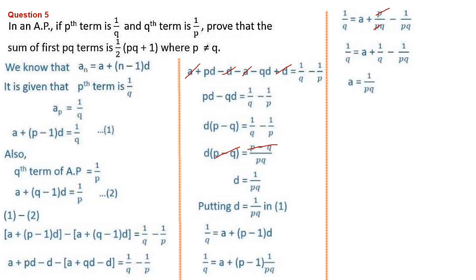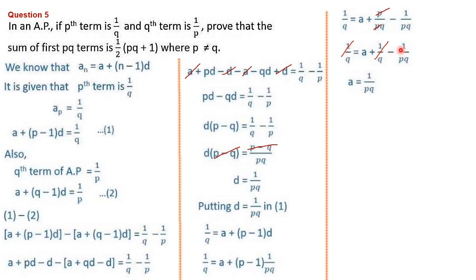Then here a we need. a is equal to, there is a common term again on the right hand side and left hand side. Wherever a common term is there, just cancel it. 1 by q is cancelled. So we will be having on the right hand side a minus 1 by pq. On the left hand side nothing is there, that means 0 will be there. Remember, on the left hand side 1 by q was there, and that 1 by q and this 1 by q cancelled. Then a minus 1 by pq is equal to 0.